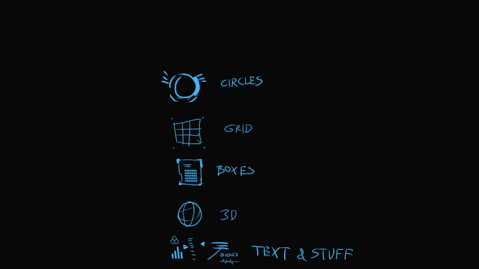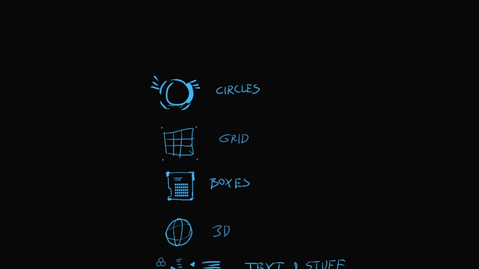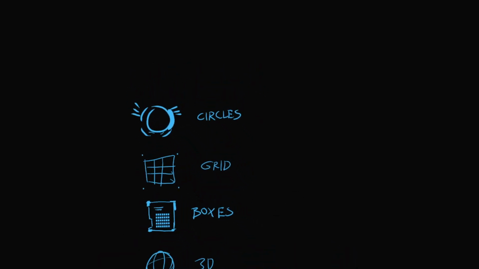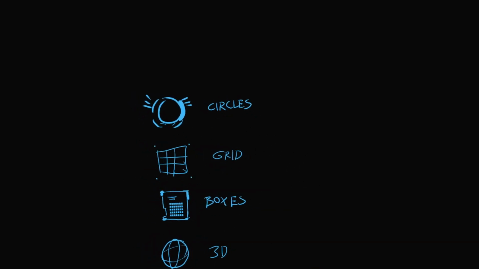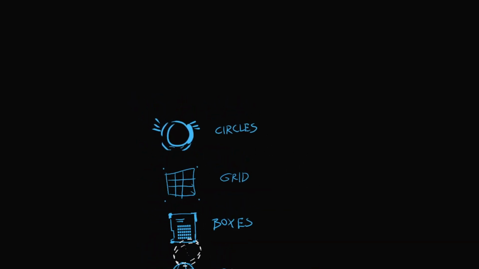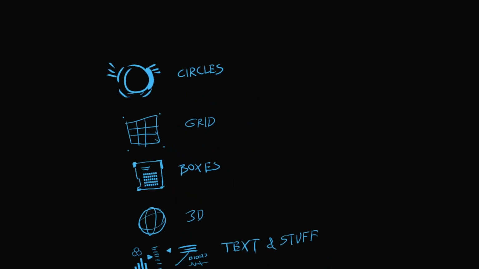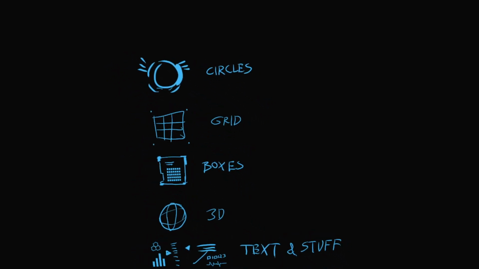Let me delete this. The way I think about UI when I design sci-fi UIs is, you have different types of elements. You have those cool circle elements that look like rings and little lines and stuff like that here that you see. Then there's a grid. And then you have UI boxes with stuff in it.